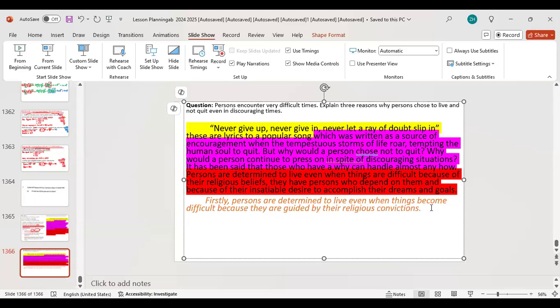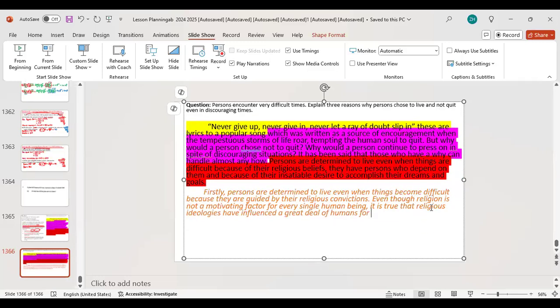So let's start off with this. We have to give our supporting details. So even though religion is not a motivating factor for every single human being, it is true that religious ideologies have influenced a great deal of humans for centuries.